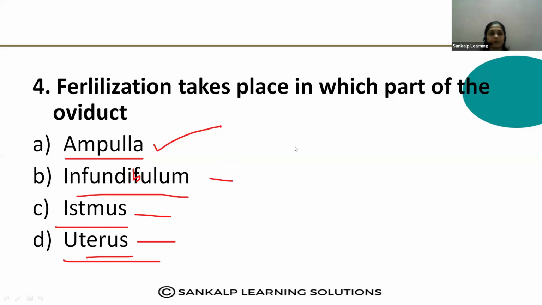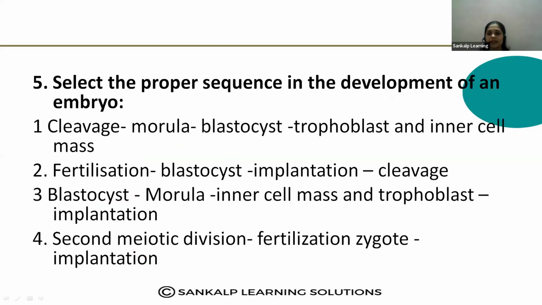Fourth one. Next question. Select the proper sequence in the development of an embryo. So observe the answer properly and write down the answer in your comment box. Okay. Here, select the proper sequence in the development of an embryo.